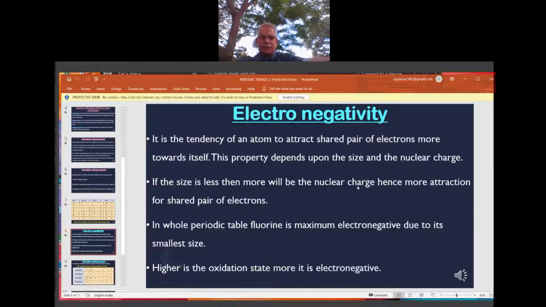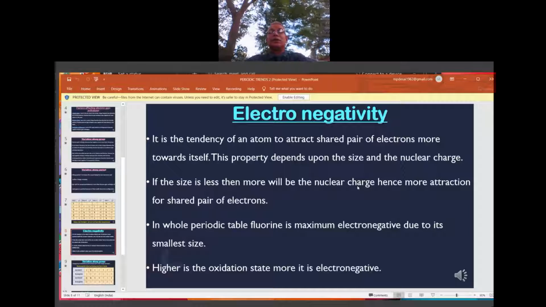Now when we compare the electronegativity, or the ability, of H and Cl, Cl is more electronegative. What Cl says is, I will withdraw the shared pair of electrons towards me, so that they spend more time towards chlorine only.